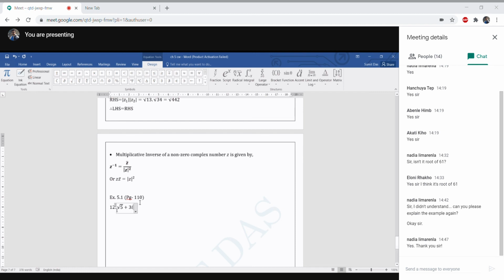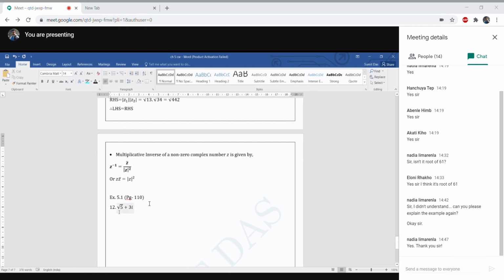Let's do it. So z is given, let's write z equal to this. Whatever complex number is given, call it z.